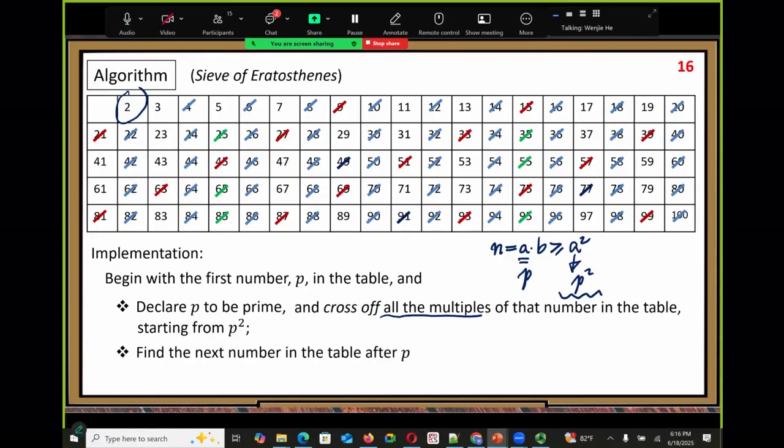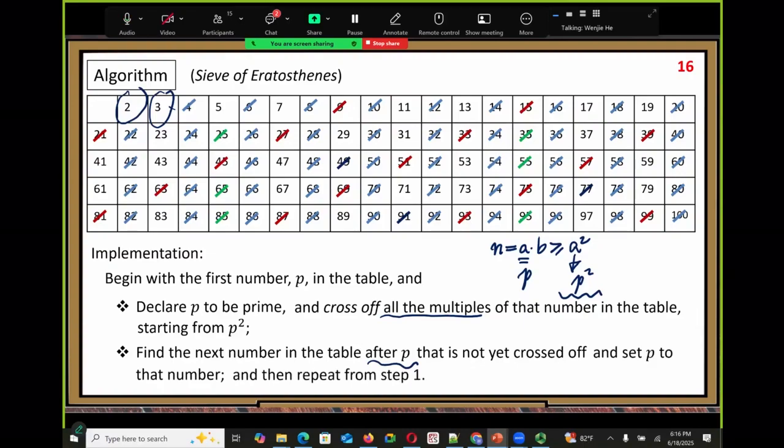After you finish the current sieve round, go to the next sieve round: find the next number in the table after p that is not yet crossed off. You set it as a new p, here 3. Then repeat from step 1.